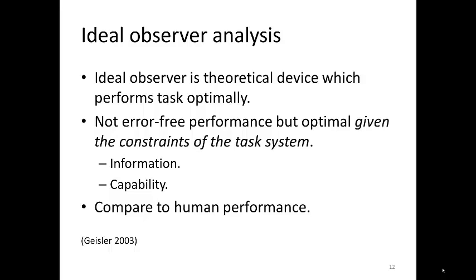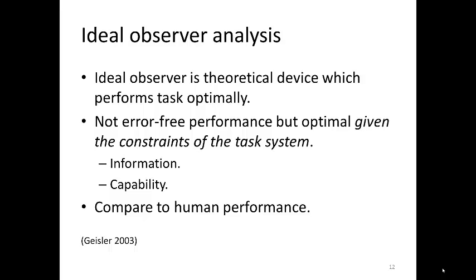So human error is sort of random making a mess of it, rather than completely error-free. Do you see what I mean? Right? Okay. So the two different types of constraints that go into it are the information that's available to the theoretical device and the capabilities of the theoretical device, and you set those up.